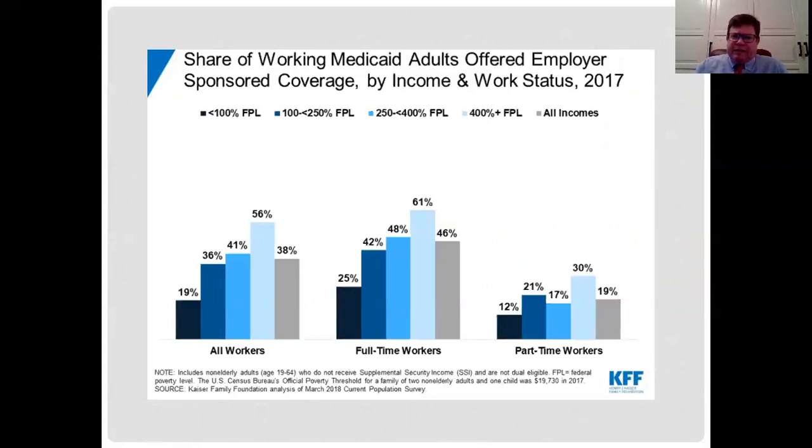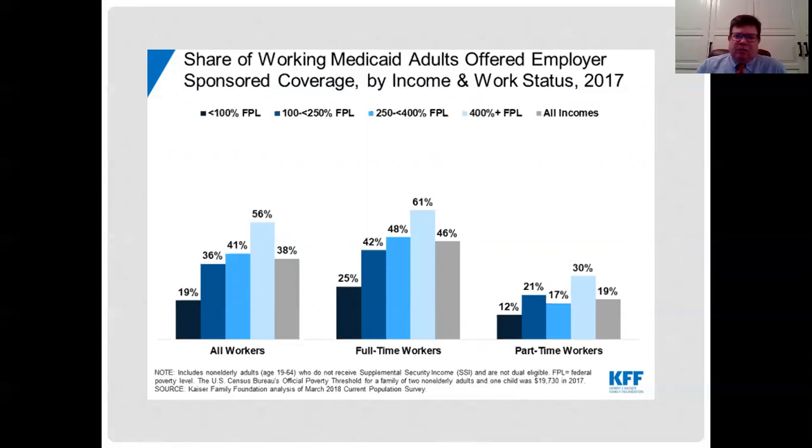What we do find is that for many individuals that are poor, they have less access to employer-sponsored healthcare coverage. So the people that are living at or below the federal poverty line, you can see here in the dark blue, navy blue, in many cases among all workers in that category, only 19% are eligible.